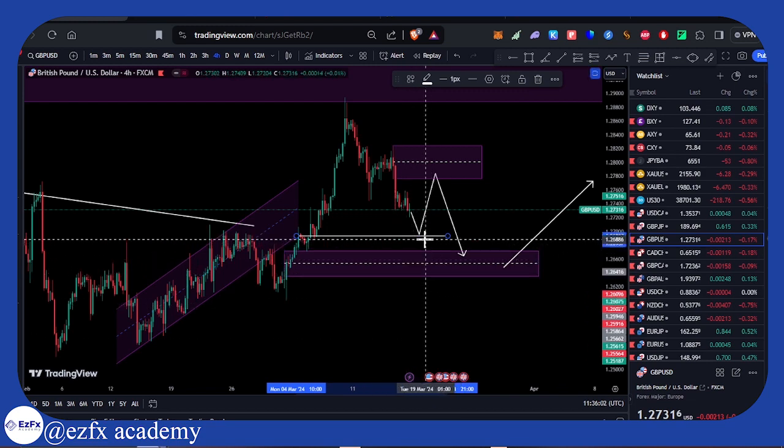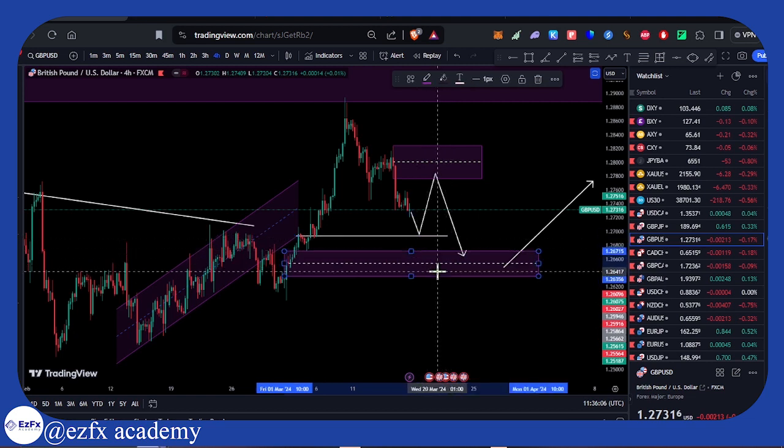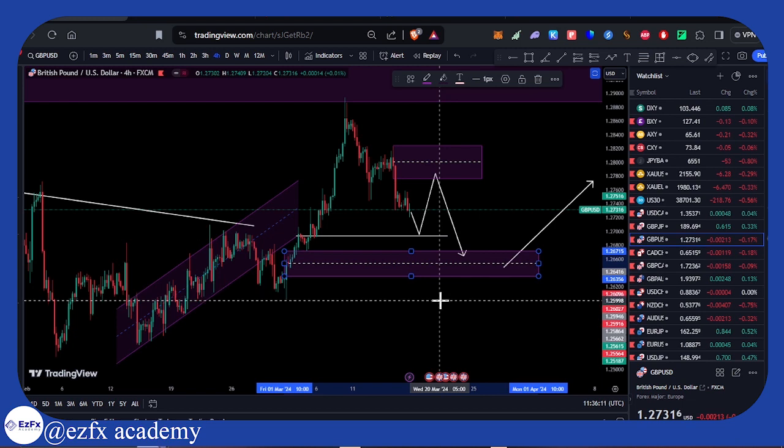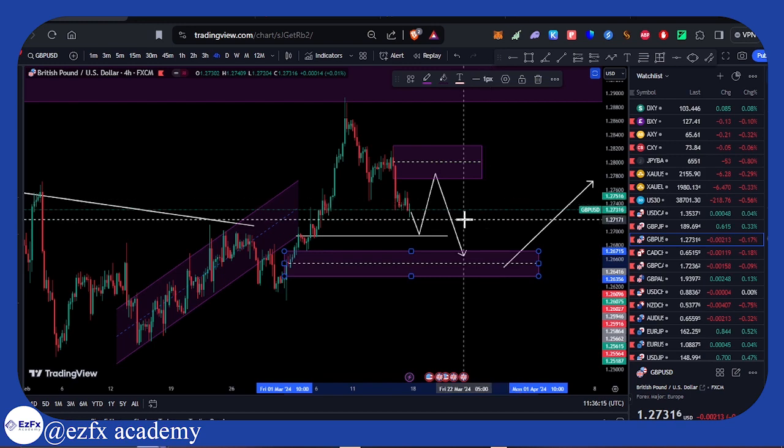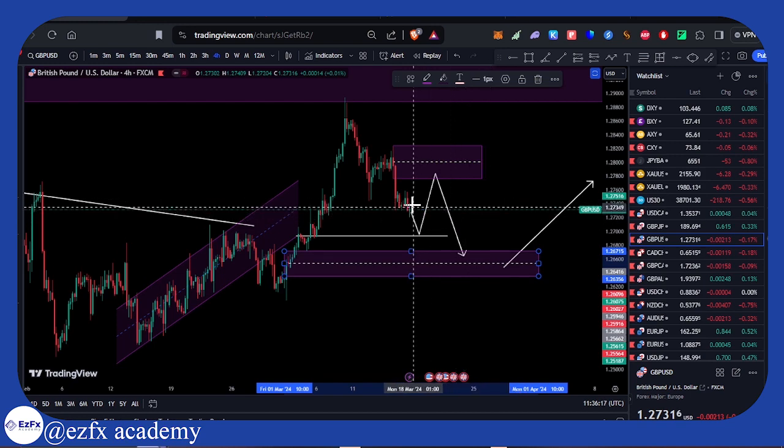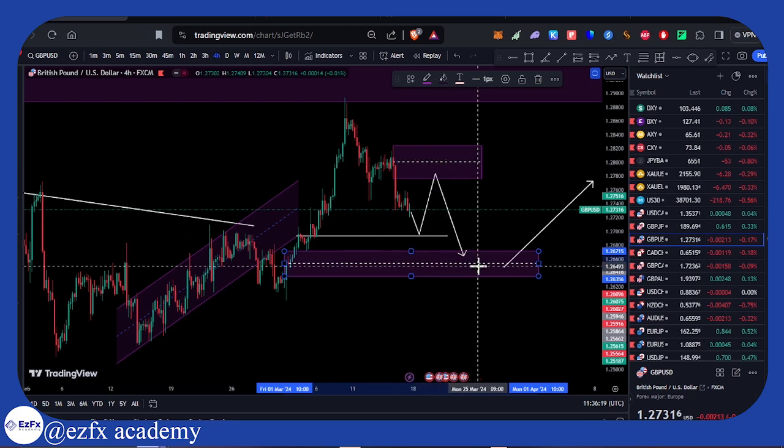If I get to see that support fail, then I'll be watching out for the zone I mentioned earlier, 1.26715 and 1.26356. So an idealistic move for me on GBP will be for us to have a sell to buy, even though overall my bias for this week is bullish.